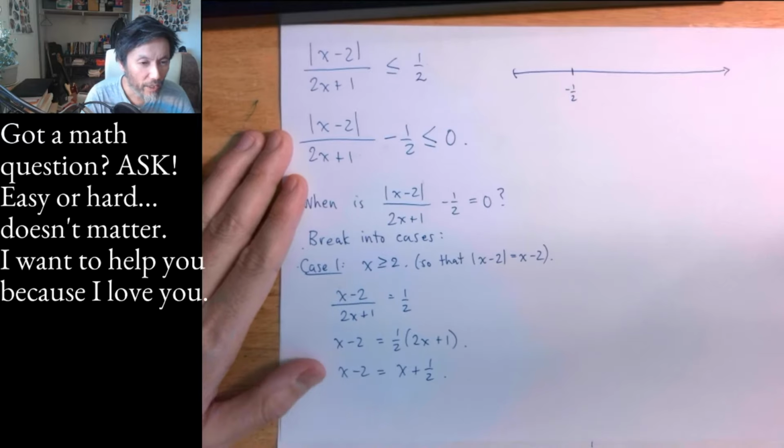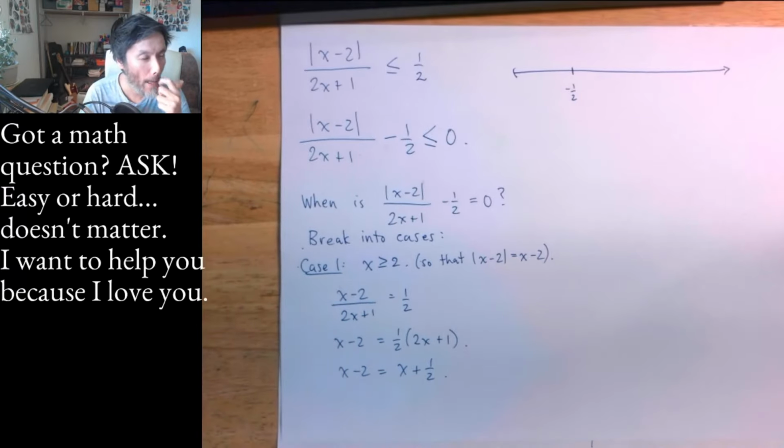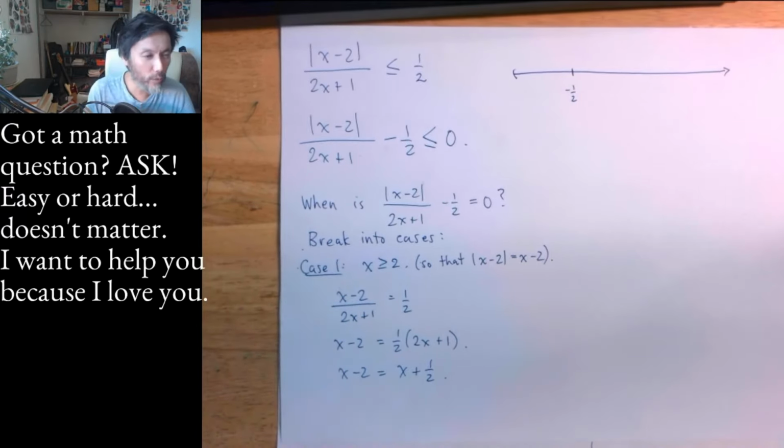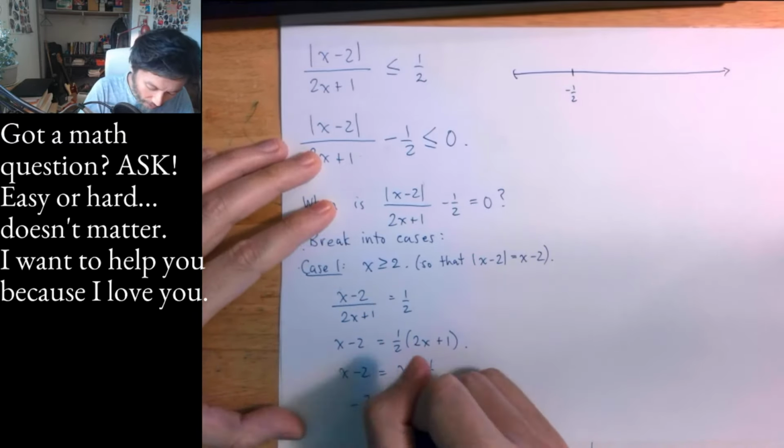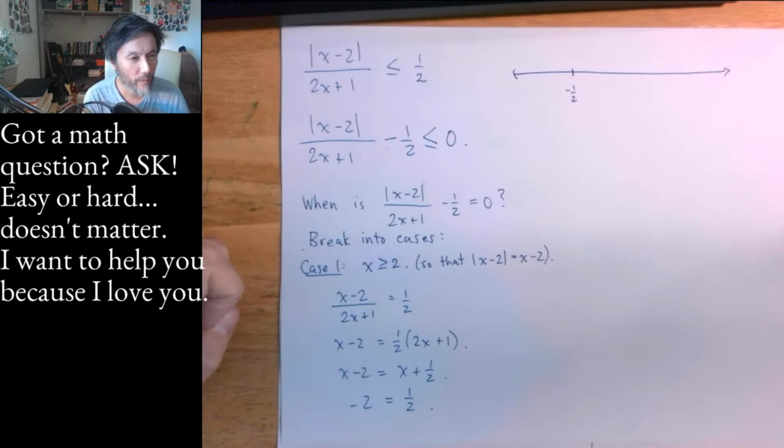And hopefully you're getting a little hot under the collar. How can a number minus 2 be equal to some number plus 1/2? We can make this really stark if we subtract x from both sides, right? We get to learn that negative 2 is equal to 1/2.